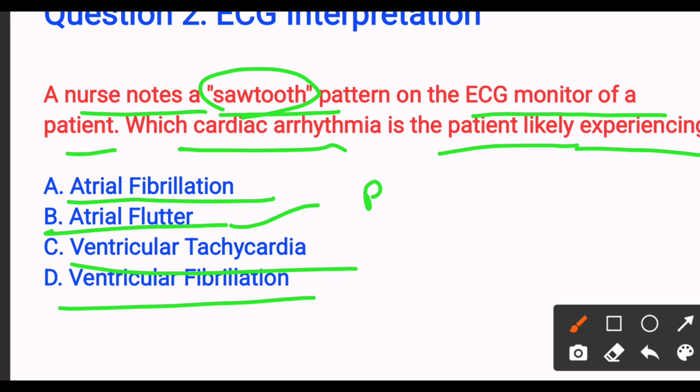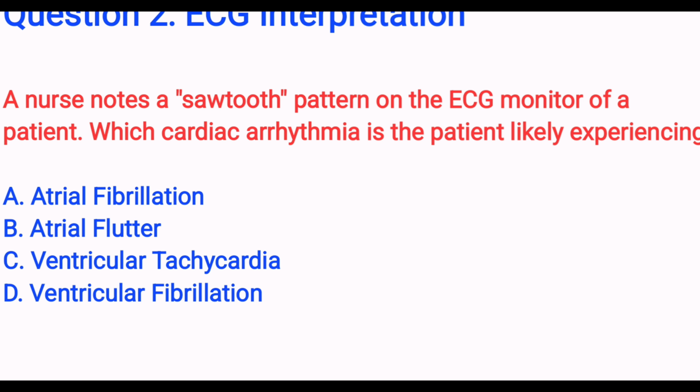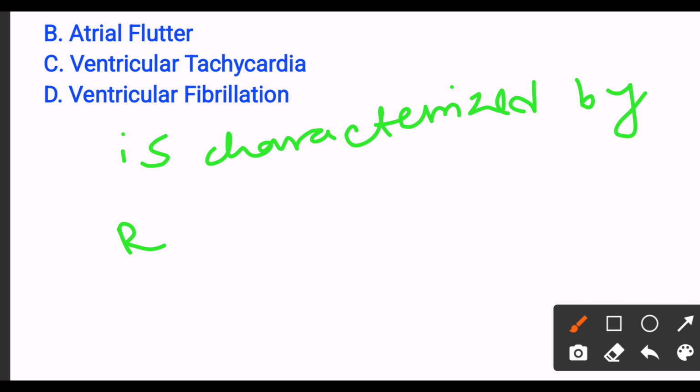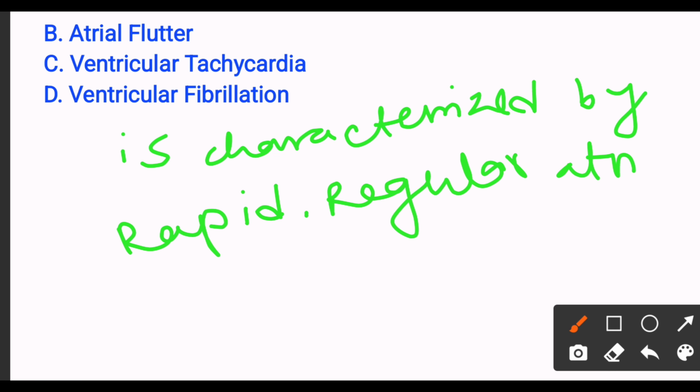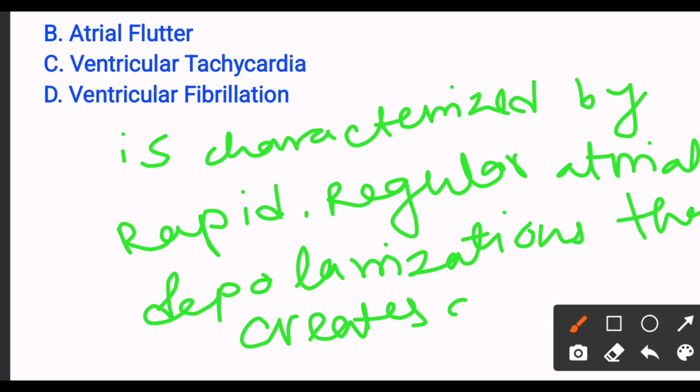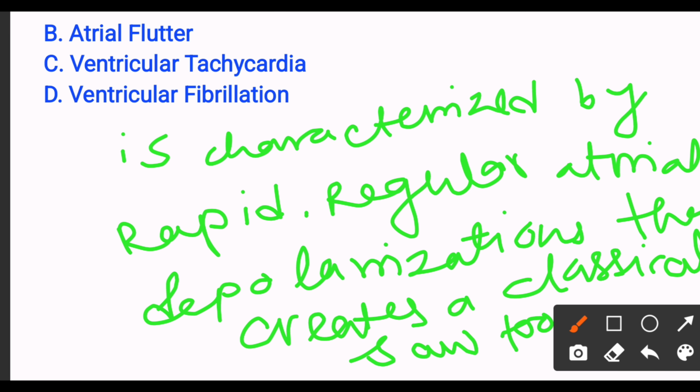The answer will be option B, atrial flutter, because atrial flutter is characterized by rapid, regular atrial depolarizations that create a classical sawtooth appearance.